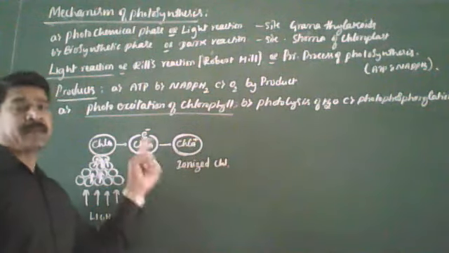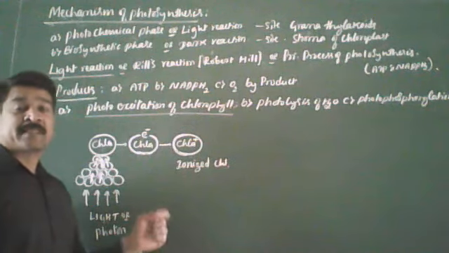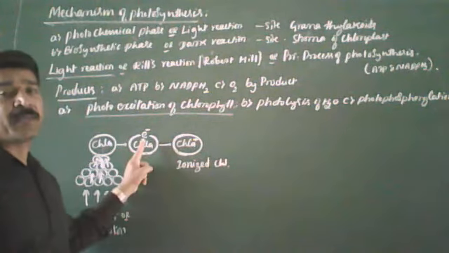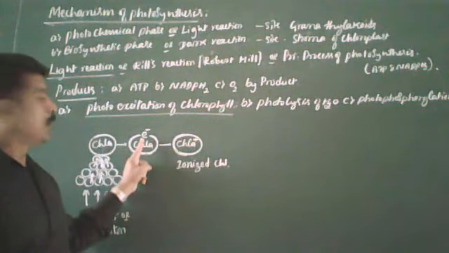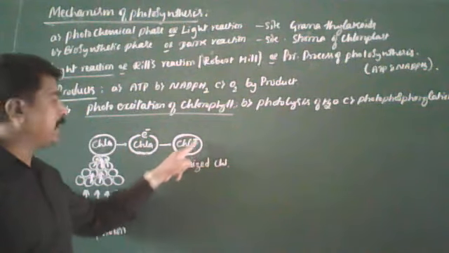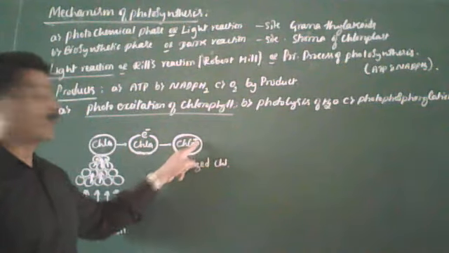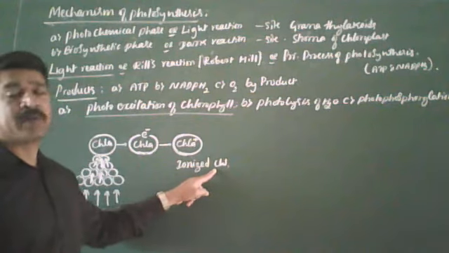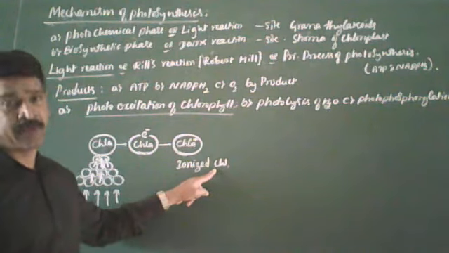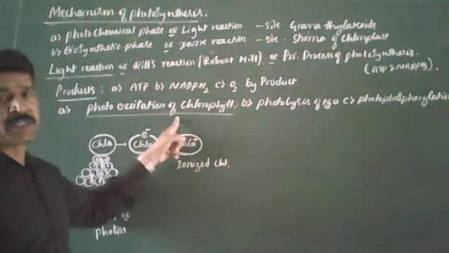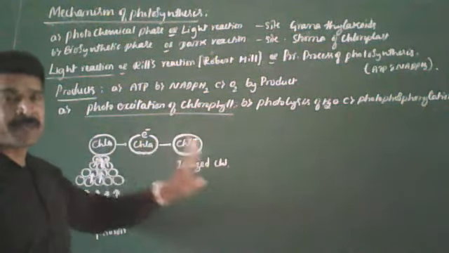The ejected electron is energy rich, accepted by acceptor molecules for the formation of ATP and NADPH2. With the loss of electrons, it becomes oxidized and develops a positive charge. This is called excited chlorophyll, also called ionized chlorophyll. This entire process is called photoexcitation of chlorophyll. I think it is very clear.